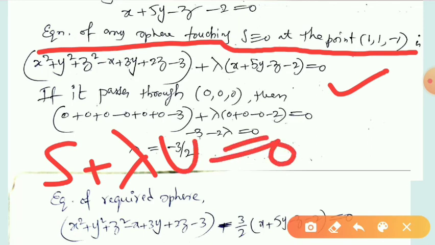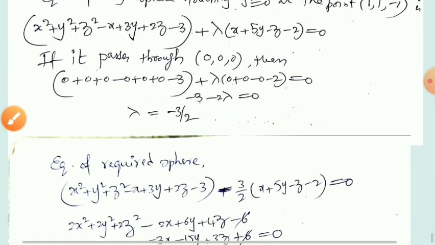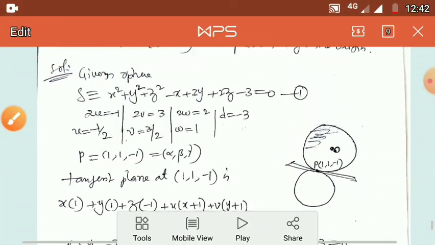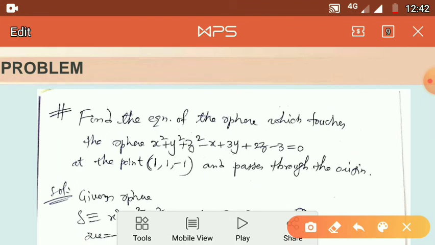That is x square plus y square plus z square minus x plus 3y plus 2z minus 3 plus lambda into (x plus 5y minus z minus 2) is equal to 0. The condition given in the problem is that the sphere we have to find passes through the origin.